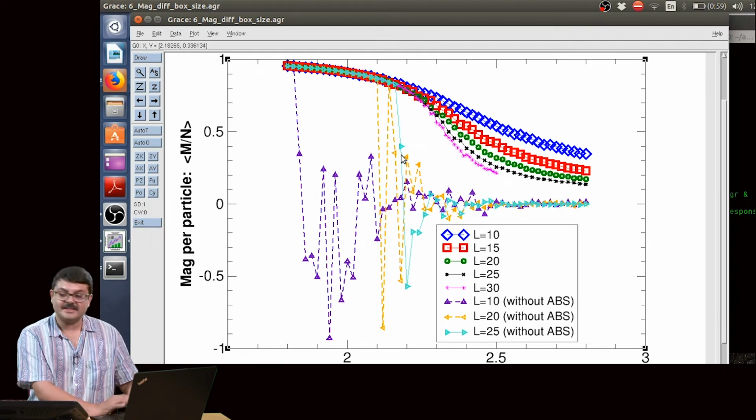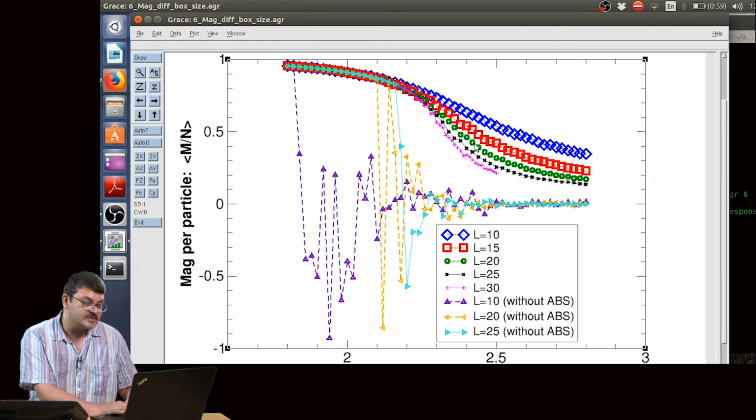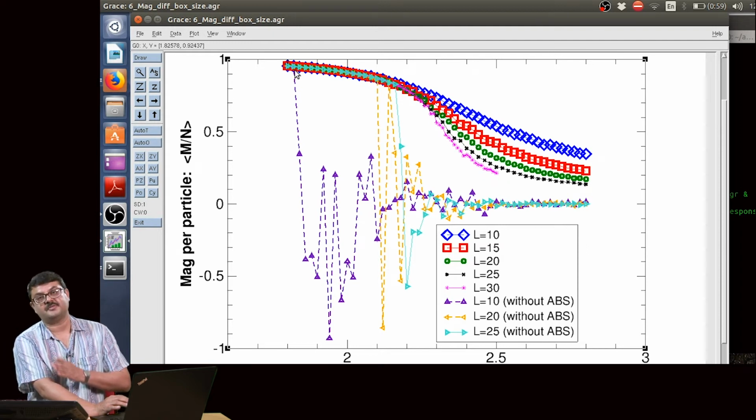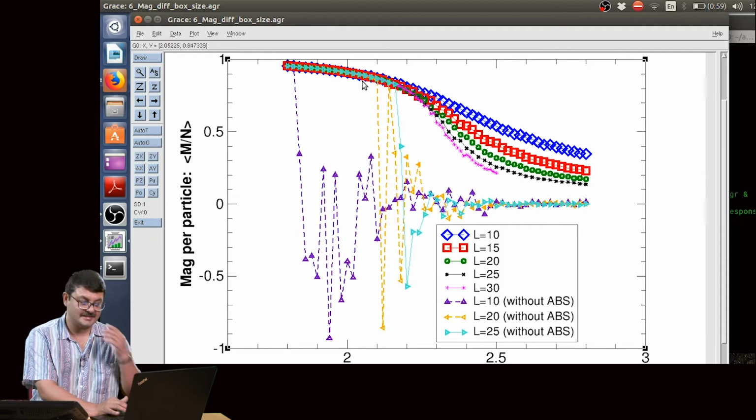From such data, it is impossible to identify the critical temperature, whereas if you take an absolute value, at least you see this smoothly going from a value close to 0 to a value close to 1, corresponding to a transition from the paramagnetic state to the ordered ferromagnetic state, right.